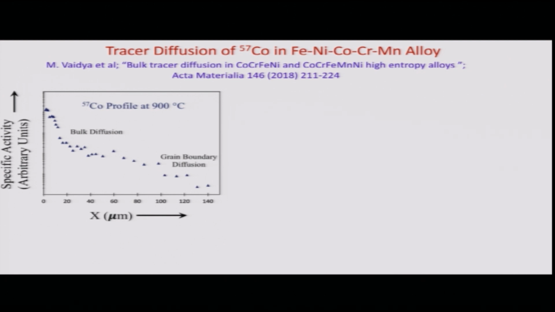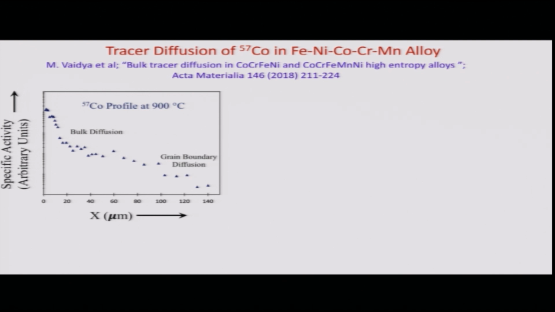The first part refers to the bulk diffusion, which is characterized by a higher slope. Since the slope is minus 1 by 4Dt, higher slope refers to the lower diffusivity. The latter part corresponds to the grain boundary diffusion, because they conducted the experiment in polycrystalline materials.